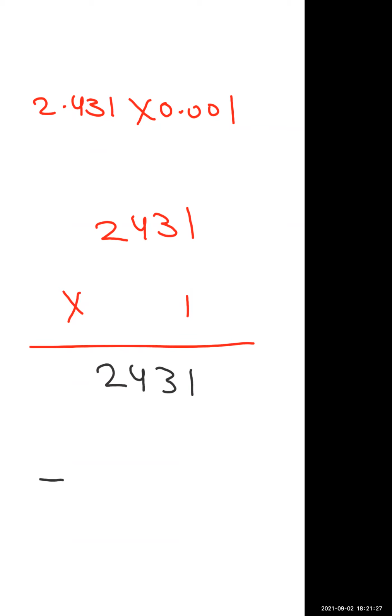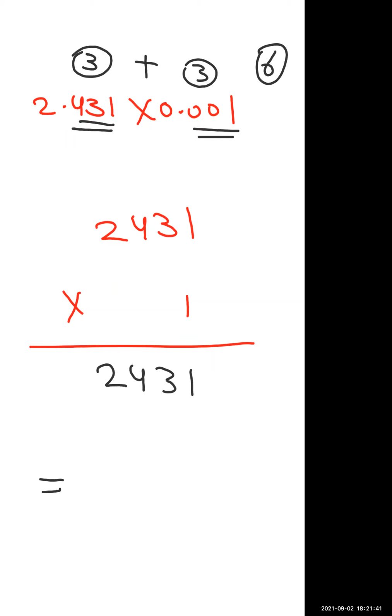Now how to write the answer? How many decimal places are here? It's 3. And here also 3. So this means I have 6 decimal places, right? So my number is like this, 2, 4, 3, 1. Now place the decimal point, 1, 2, 3, 4, 5, 6.